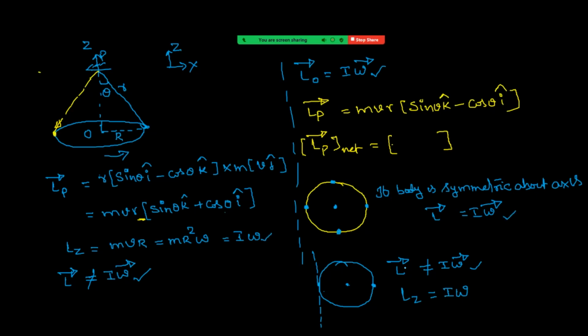In case of a rigid body, if the body is symmetric, we take this one. If the body is not symmetric, we take the component along the axis. So this is regarding the angular momentum of a rigid body.